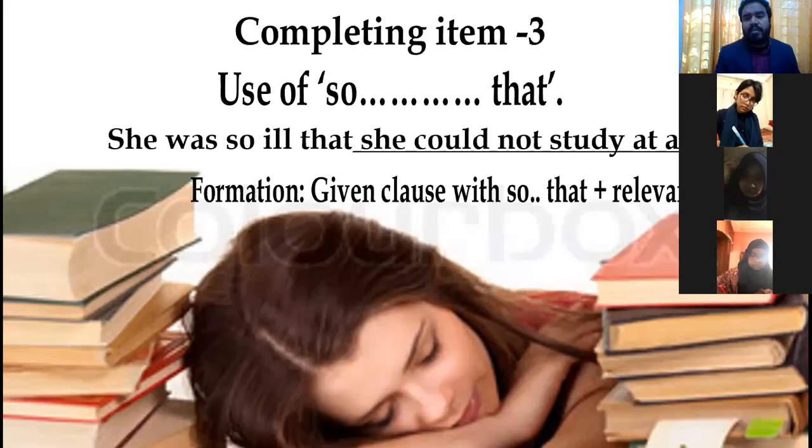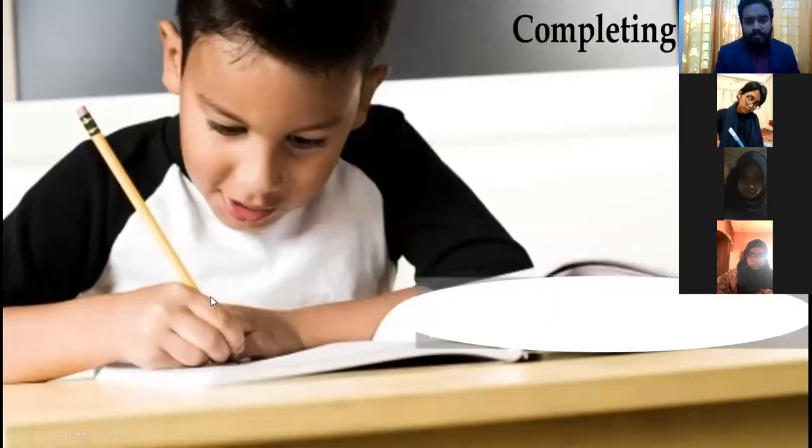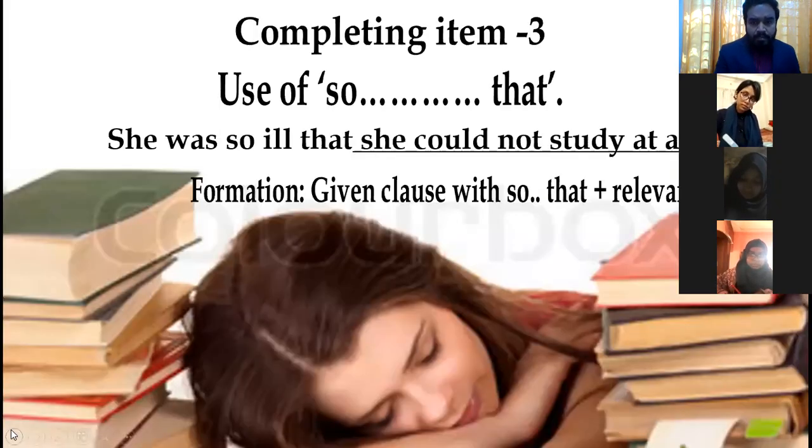Relevant, that means meaningful words, relevant sentence. Like, don't write anything that doesn't make sense. So she was so ill that she couldn't study at all. Sometimes there you need to use the negative clause.